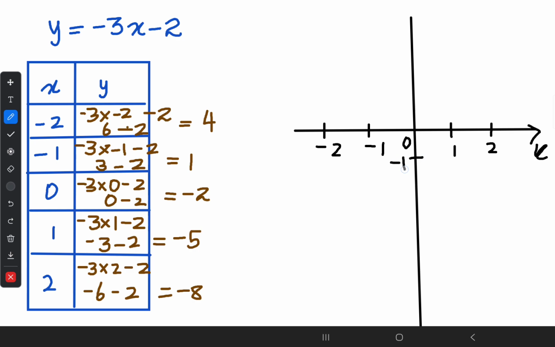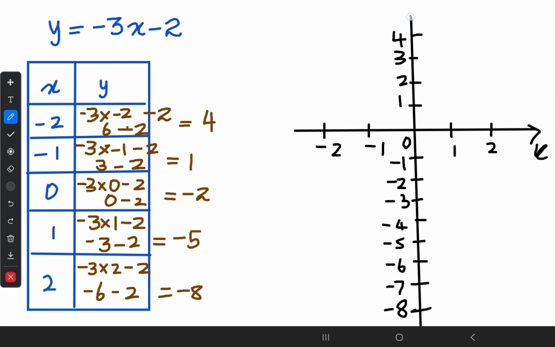Negative 1, negative 2, negative 3, negative 4, negative 5, negative 6, negative 7, and negative 8. In the positive region, we only need 1 to 4: 1, 2, 3, and 4. This is our y-axis. As simple as that.